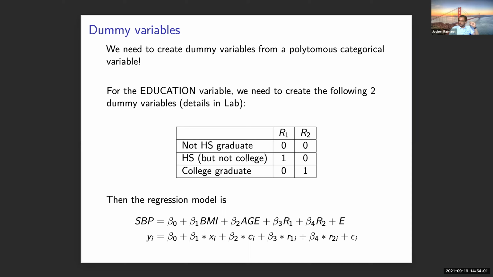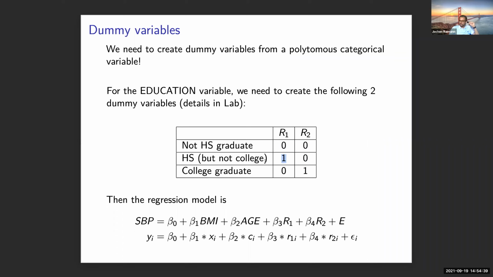If you have high school but not college, you create an R1 for those that did high school but did not do college. So you create 2 of these dummy variables, and you get 0 and 0 for those that did not do high school. So both in R1 and R2, these are zeros.